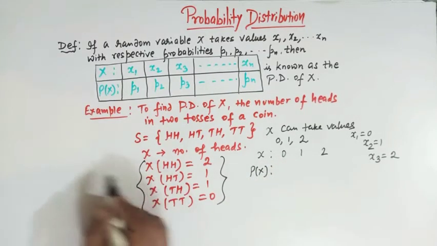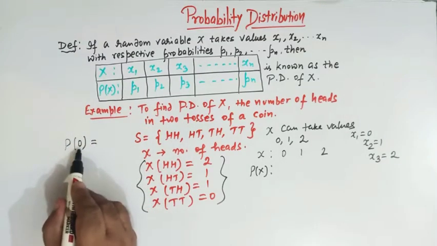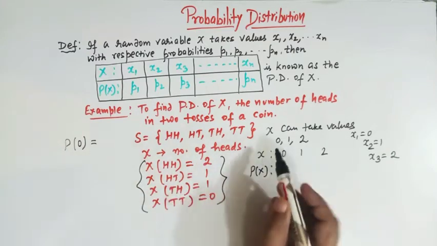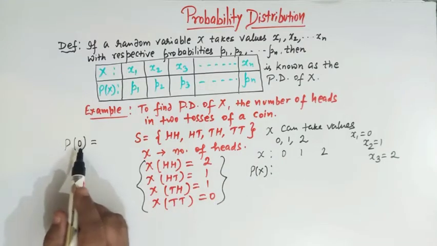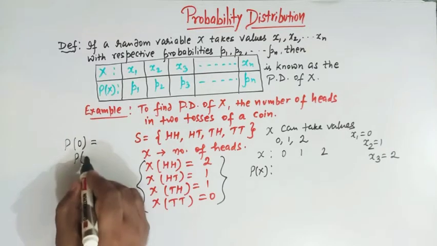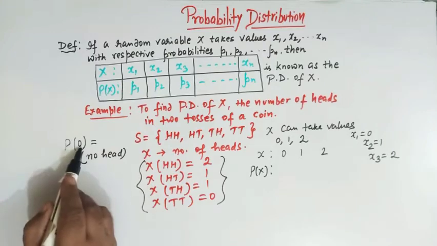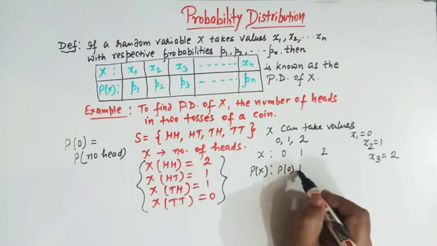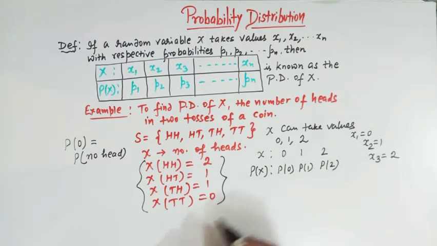So here we have p of 0, here p of 1, and here p of 2.